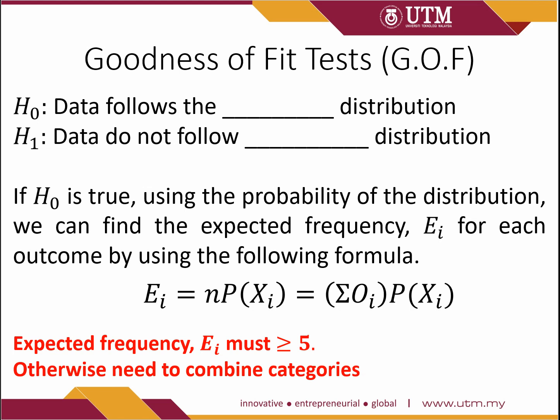And this is very important. When we find the chi-squared test, we use the OI and the EI. We must remember that our expected frequency, our EI, must be more than or equal to 5. I'm going to tell you about this later.